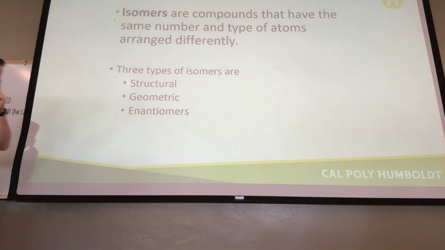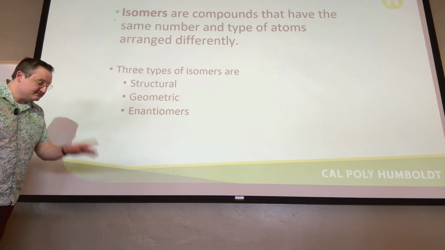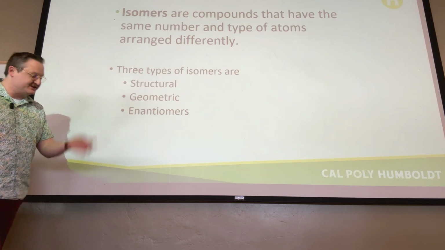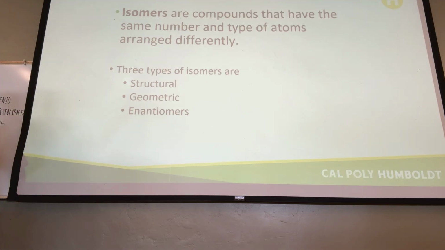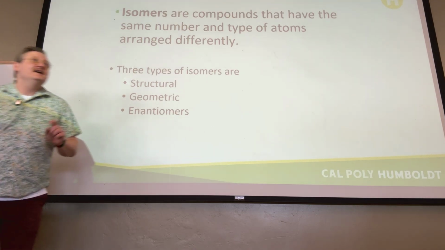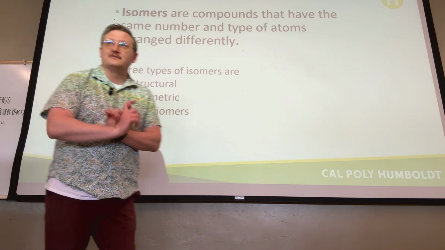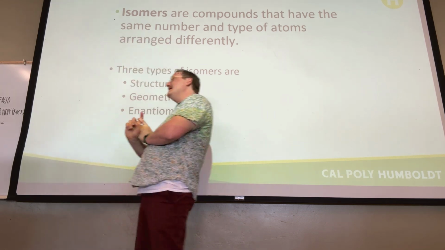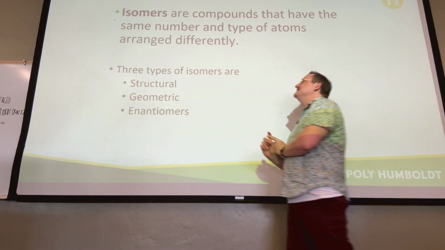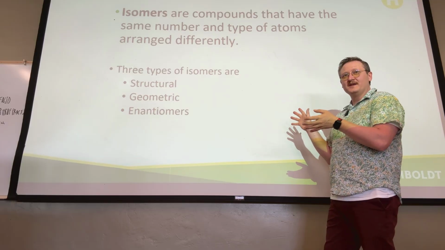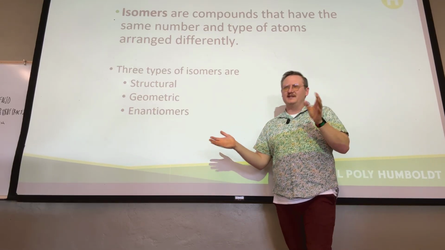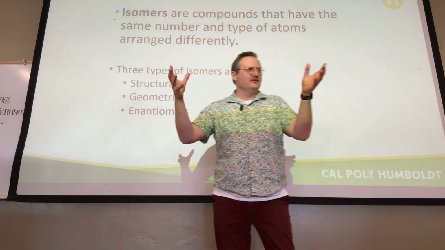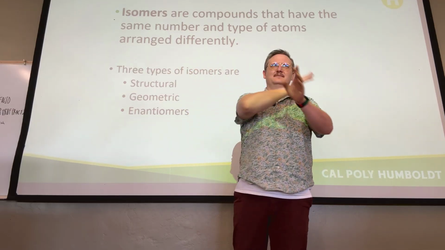Okay, since we're talking about the importance of the shape of molecules, we need to talk about isomers. So we've talked about isotopes already, okay? But now we're talking about isomers. So an isomer is a molecule, okay? Or let's say you got a molecule with a certain number of different atoms in it.